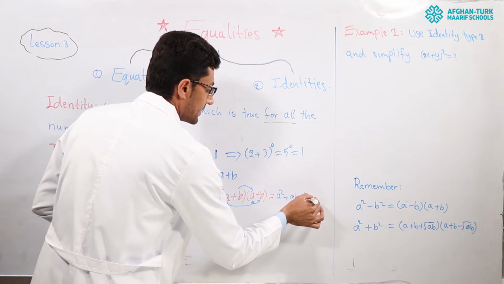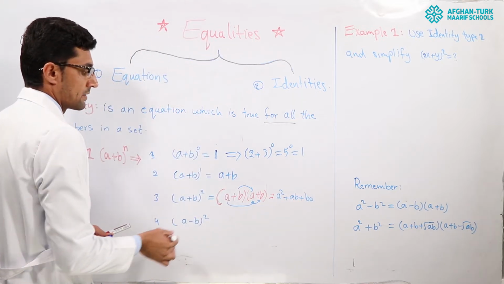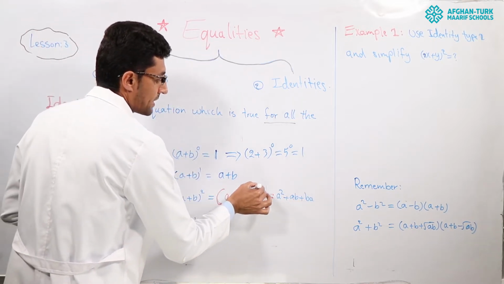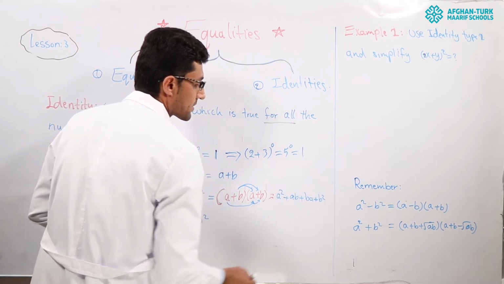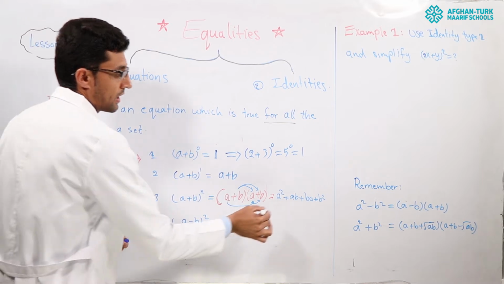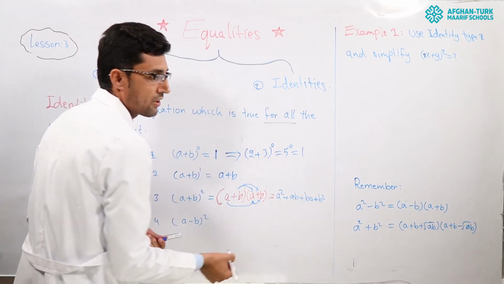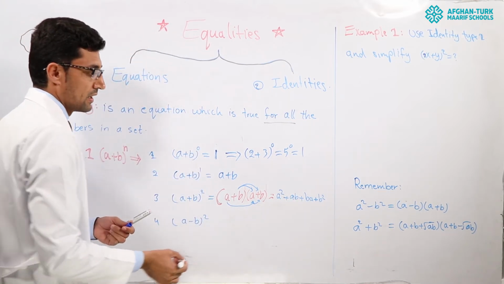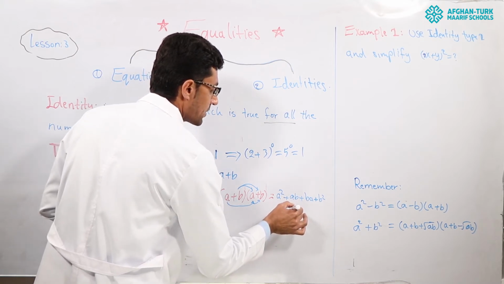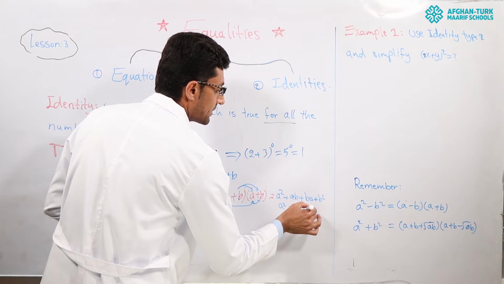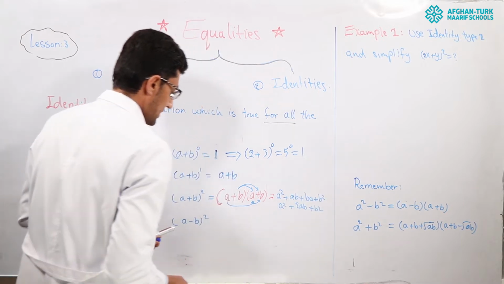B multiple a is ba plus b multiple b, b square. Now how many? AB and BA are equal because of properties, yeah? So multiplication property. It can be written as a square plus 2ab plus b square.